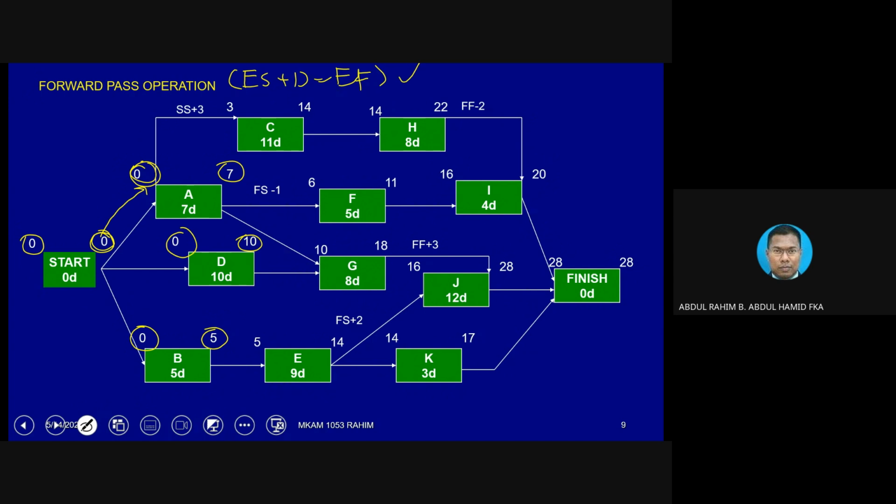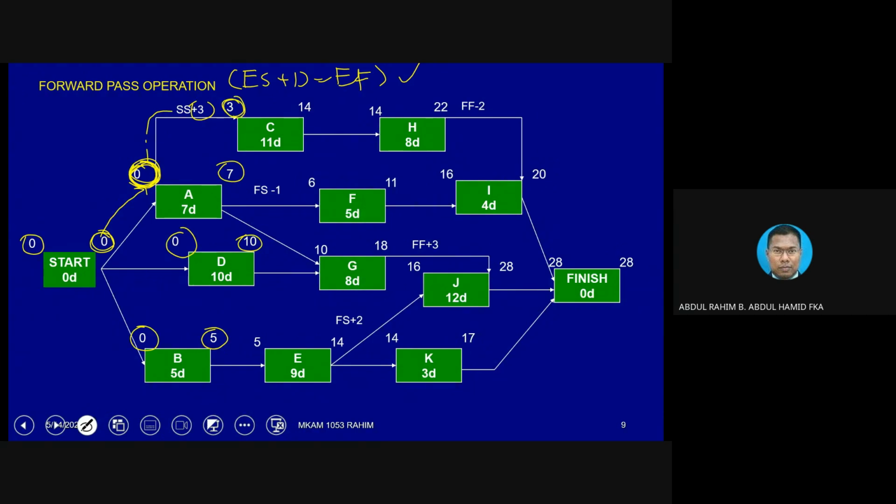Start to start, so you notice that it basically must take the value of the starting of A. So 0 will go into this line, but then we need to add 3. Okay, we need to add 3, 0 plus 3 equivalent to 3.